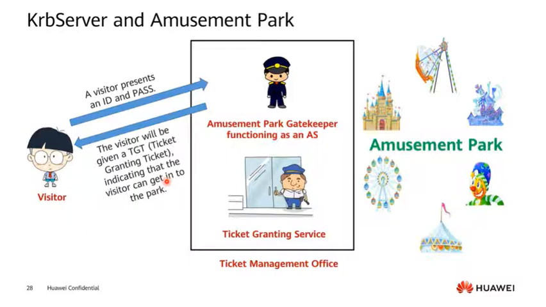Firstly, do you still remember the two parts of KDC of the KRB server? The AS and TGS, right? So, the AS is like the gatekeeper. The first thing we need to do is to pass the authentication to the AS, and then a ticket called the ticket granting ticket, or TGT for short, will be created and granted to the visitor by the AS. Then, the visitor can use the TGT to enter the park.